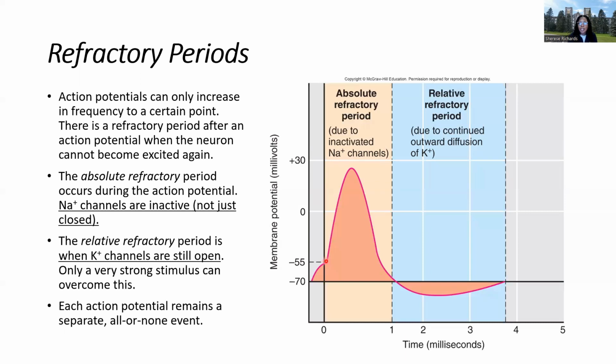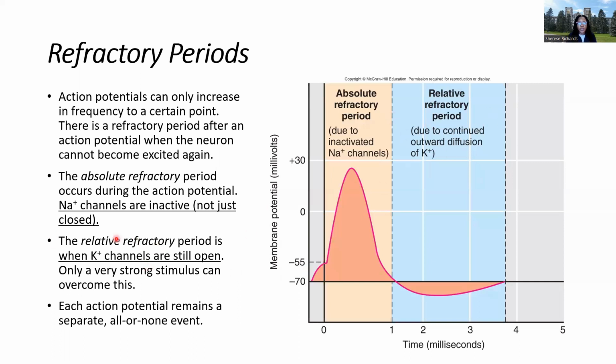It's not possible to open them, even if we had another graded potential that was stronger than -55. Okay, so in the absolute refractory period, it's not possible to have another action potential because the inactivation gates are closed. And even if a strong enough graded potential came along, it was not possible for more sodium to enter the cell in this state.